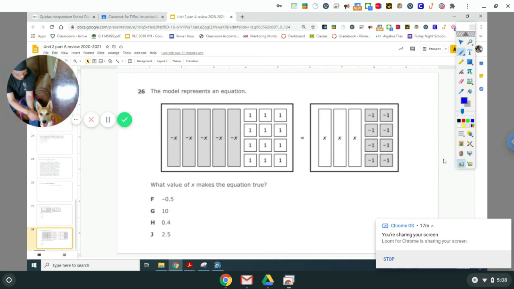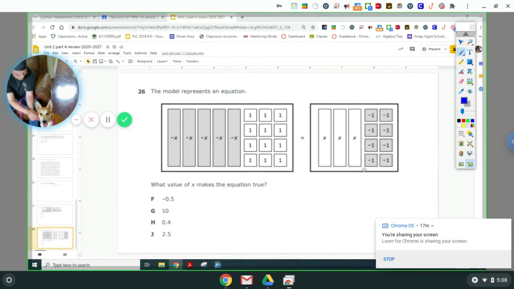Finally, last one. The model represents an equation. What is the value of x that makes the equation true? So we're going to write the equation for the model. So you get negative 5x, make sure, 1, 2, 3, 4, 5, yes, plus 12 is equal to 3x minus 8.